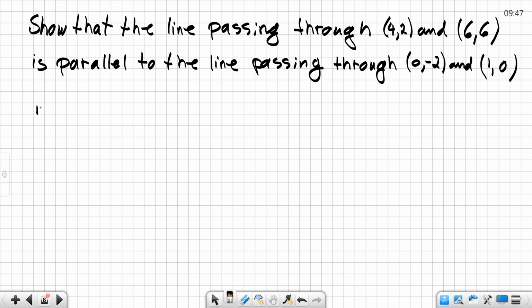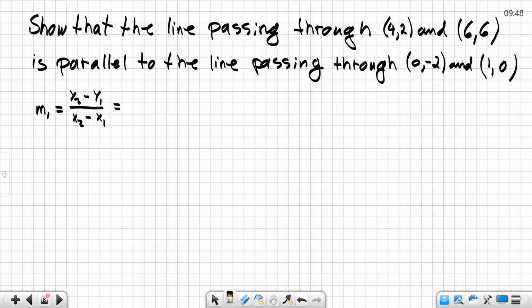So, I'm going to calculate slope 1. I'm going to be using the formula right here that says, as a reminder, y2 minus y1 divided by x2 minus x1, and this will be the slope.